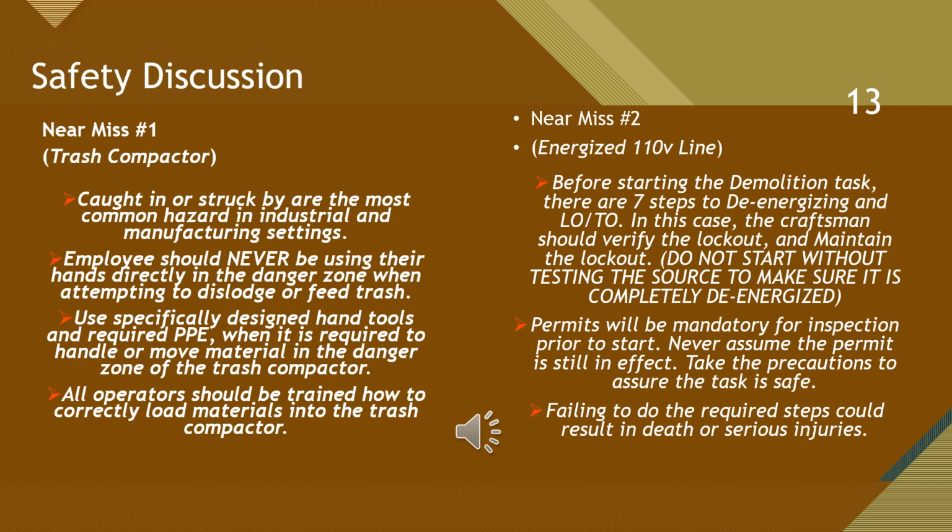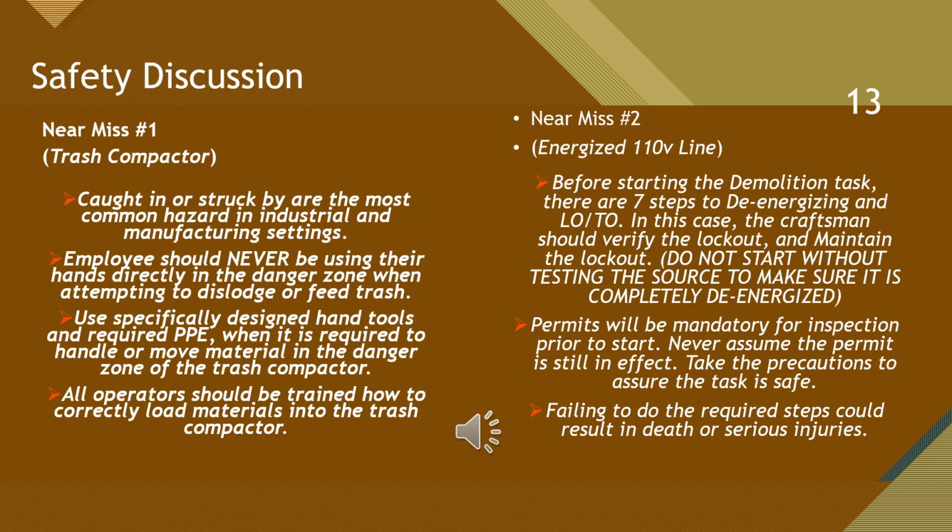This slide promotes a safety discussion on near miss 1 and near miss number 2. Near miss 1 was a trash compactor incident. A few safety tips and safety facts on near miss number 1: caught in or struck by are the most common hazards in industrial and manufacturing settings.